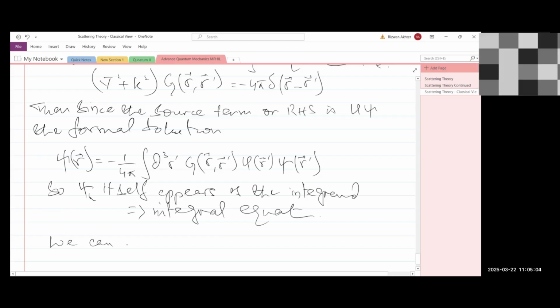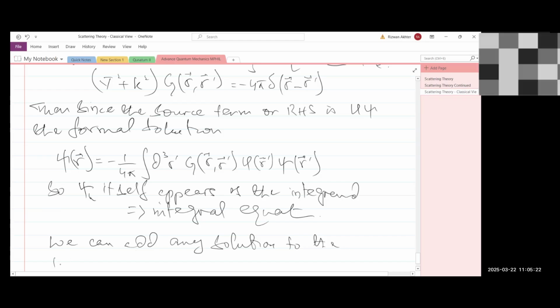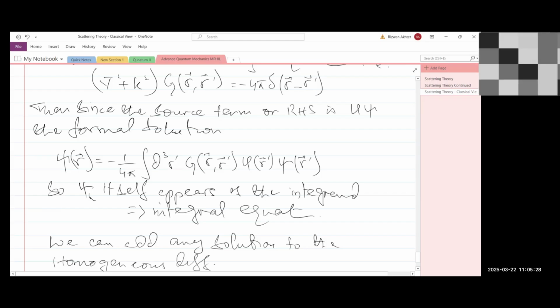We can add any solution to the homogeneous differential equation, which we called the Helmholtz equation above.